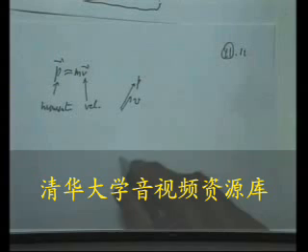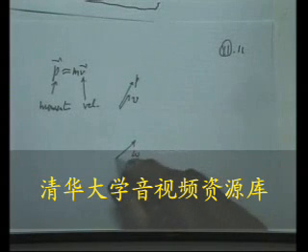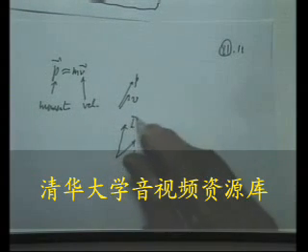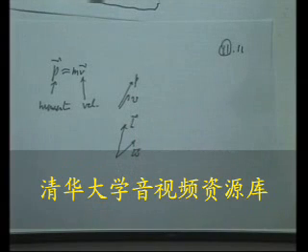Now we have omega. Omega is the generalization of V from linear to angular. But the strange thing is that omega and L are not parallel, are not necessarily parallel. They are only parallel to each other if I1 is equal to I2 is equal to I3.